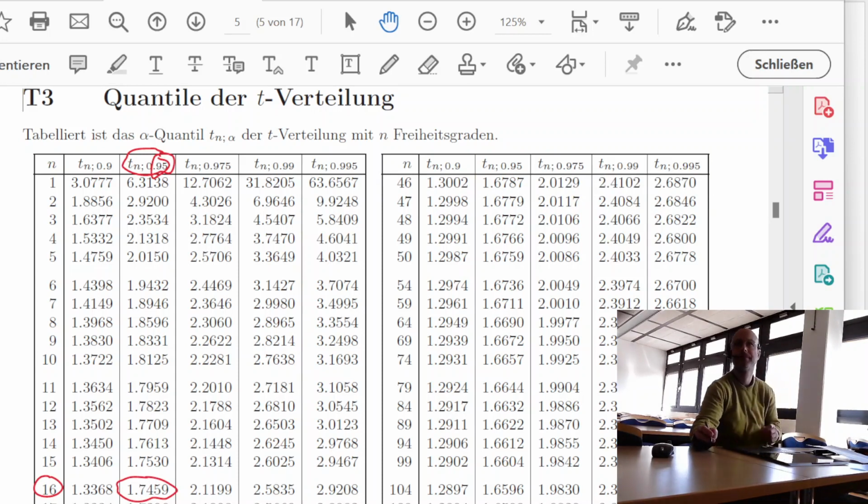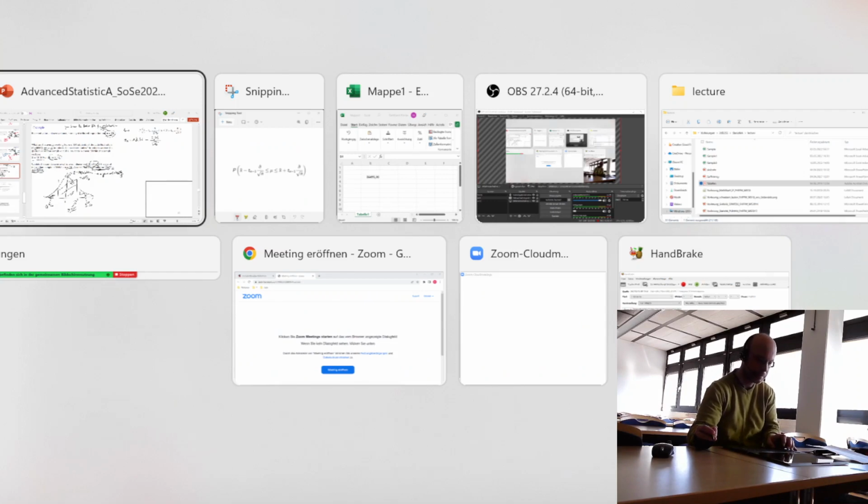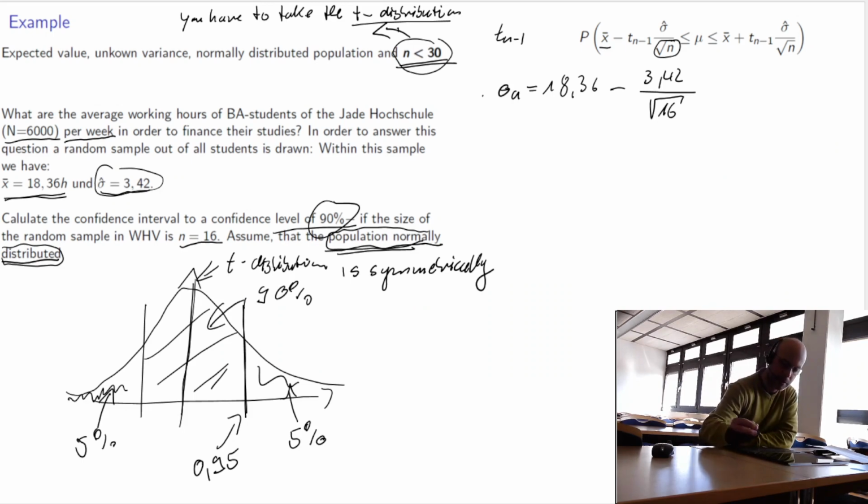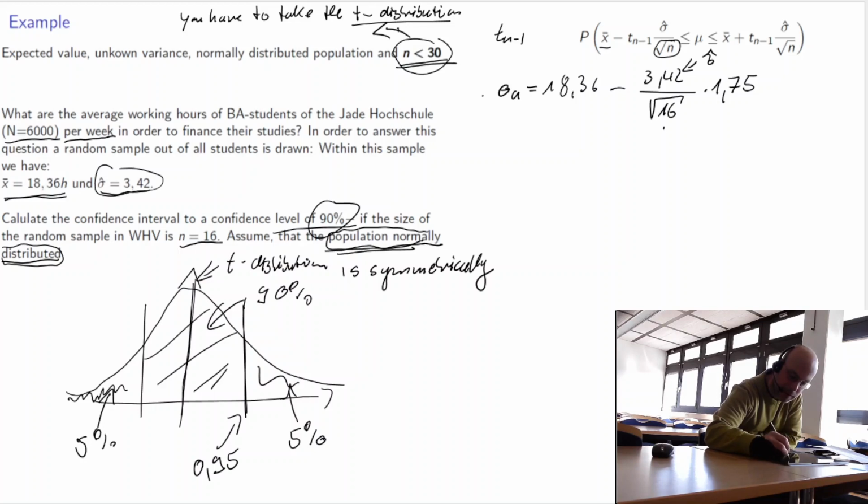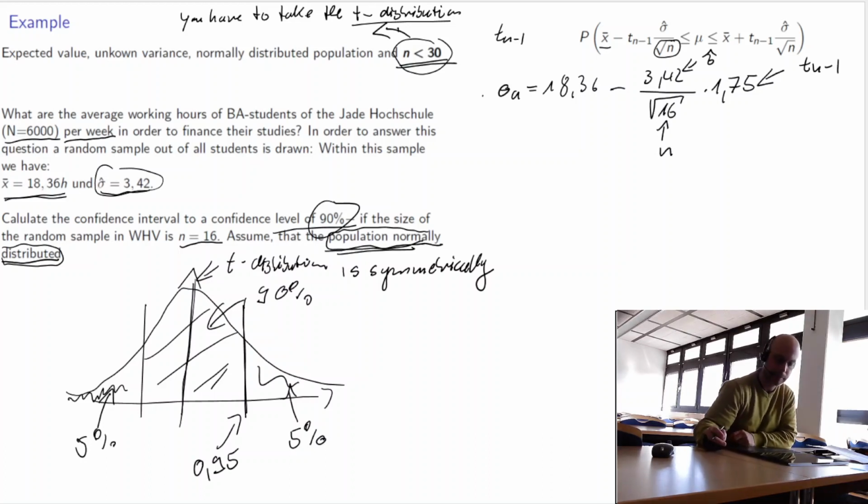Okay? So, times 1.75. Let's say here, this is sigma hat, this is n, and this is t n-1.